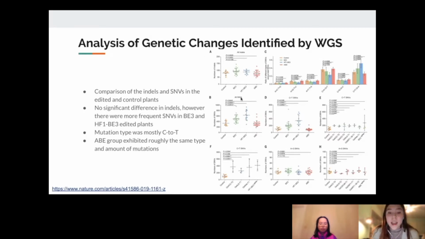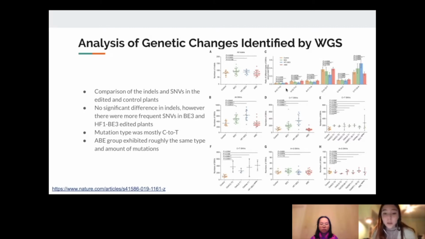So looking at part A, we can see that levels of insertion deletion mutations in between the control, the BE3, the high fidelity, and the ABE are all relatively similar. So this suggests that the addition of base editors has almost no effect on the number of insertion or deletion mutations that you can find in the genome.